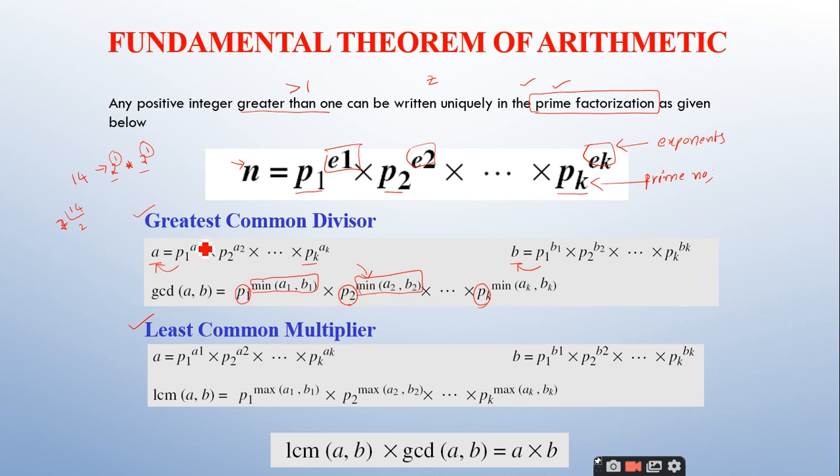For example, assume that A1 is 2 and B1 is 5, with P1 common. To find the GCD of A and B, you take P1 power minimum of 2 and 5. The minimum of 2 and 5 is 2. Like that, you take the minimum exponent of each and every prime number and take the product. The result will be the GCD of the two given numbers A and B. Clear?